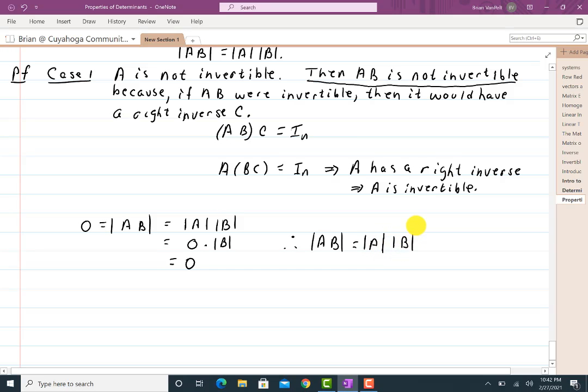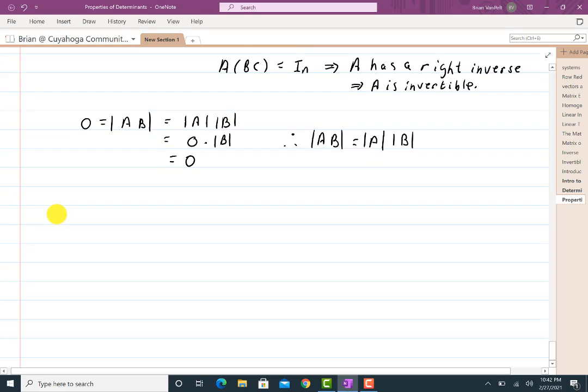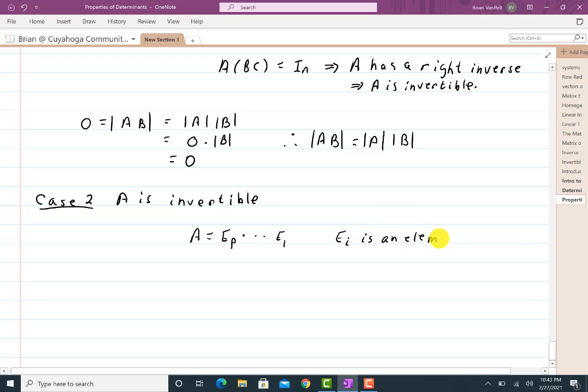Now that was just one case. Now let's move on to the case where A is invertible. So then A will equal EP times ... up to E1. Let me say each EI is an elementary matrix.